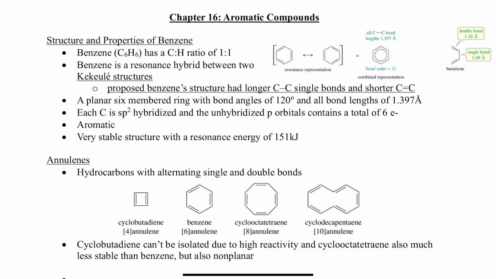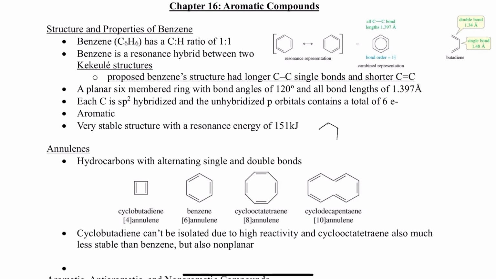As a matter of fact, in chapter 8, we learned about how reactive our carbon-carbon double bonds are, right? So, for example, if we were to react this with some cold and dilute potassium permanganate, we'd expect to see a syn dihydroxylation reaction occur.